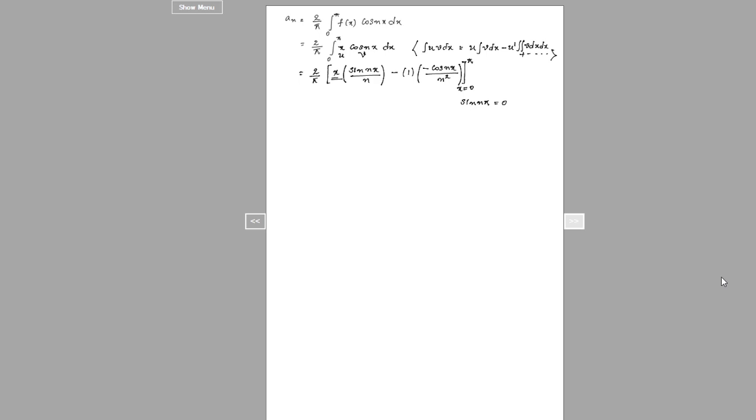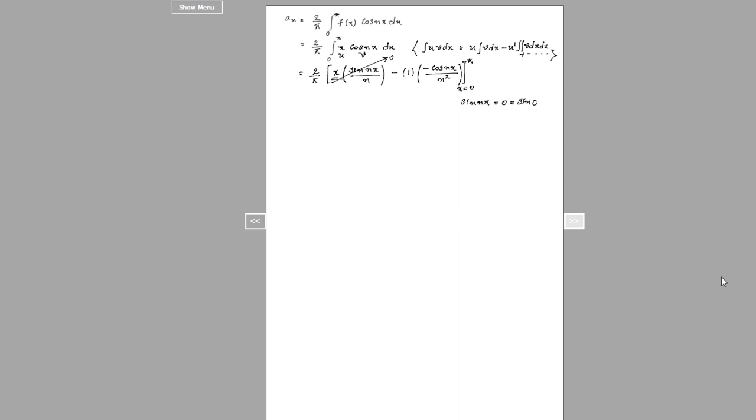Next, if I substitute x equal to 0, x itself is 0, and 0 into anything is 0, and sin 0 is also 0. So this whole term vanishes.